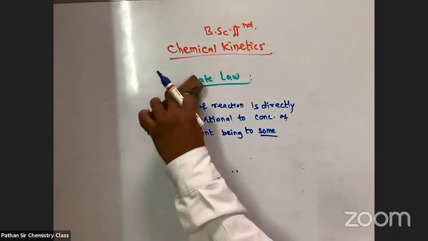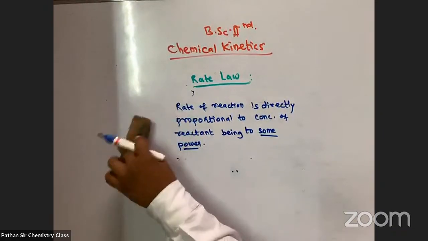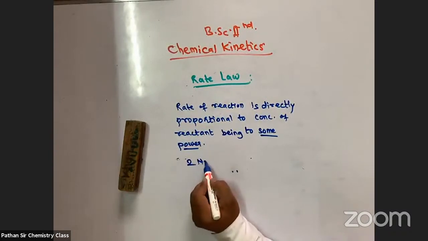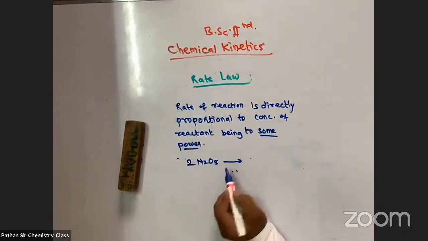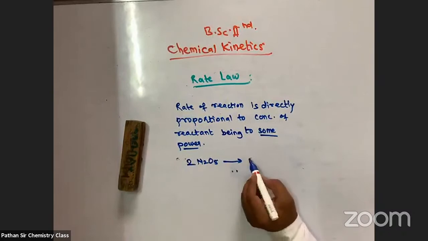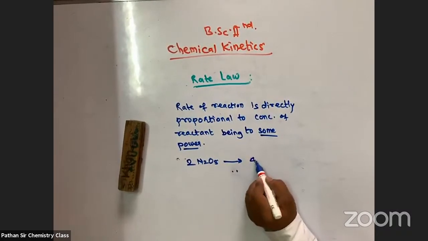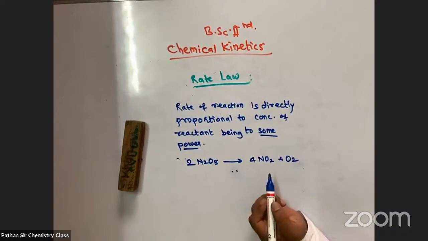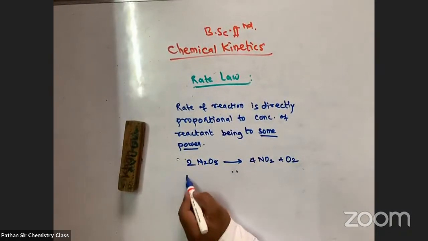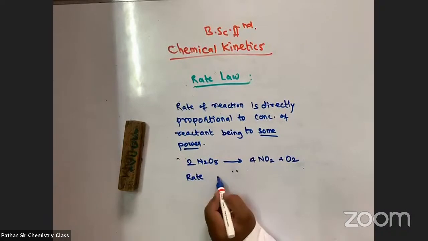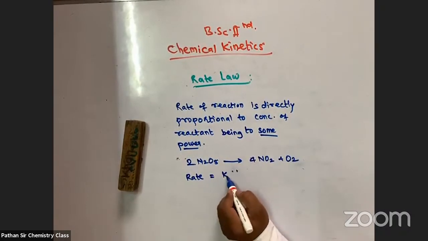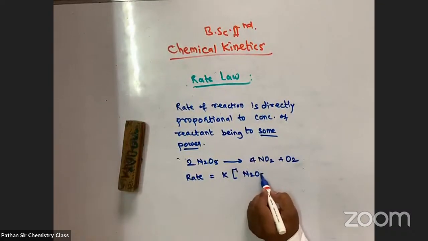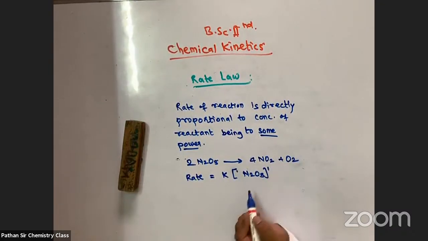the reaction of decomposition of N2O5. Two molecules react and decompose to form 4 NO2 and 1 oxygen. Now the rate of this reaction is found to be rate equals K into concentration of N2O5 raised to 1.